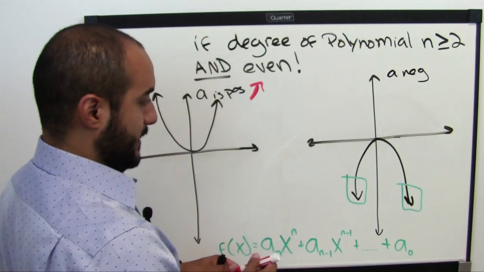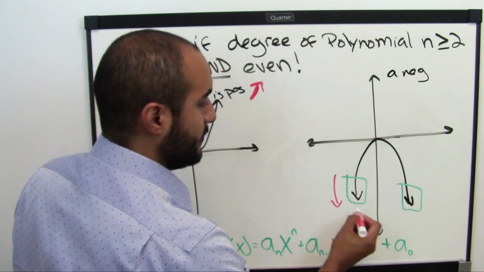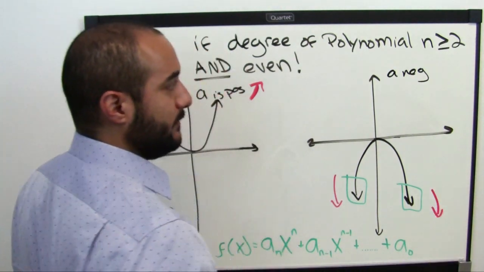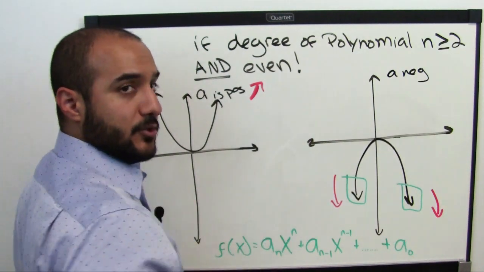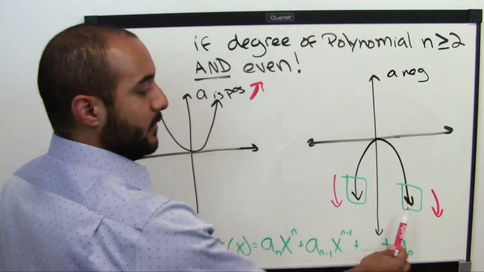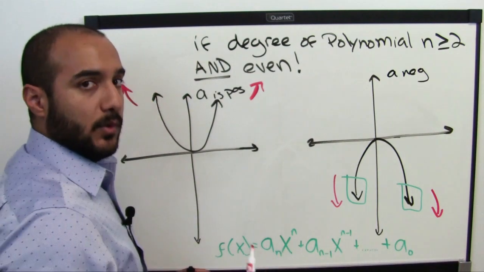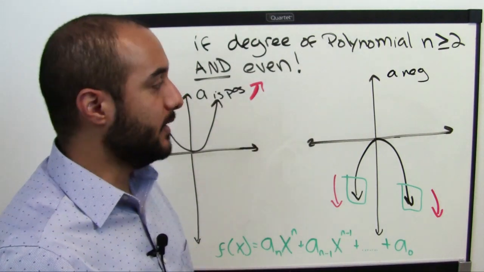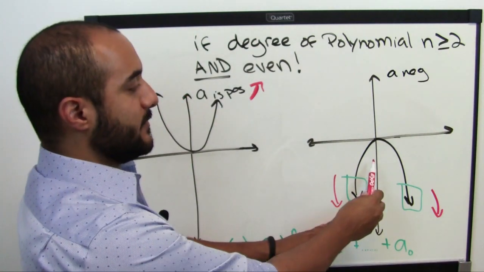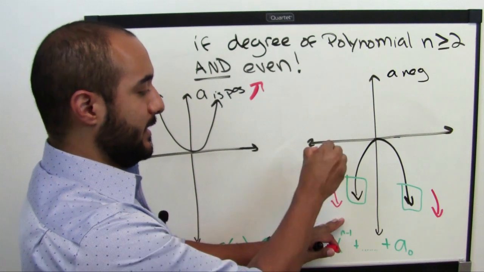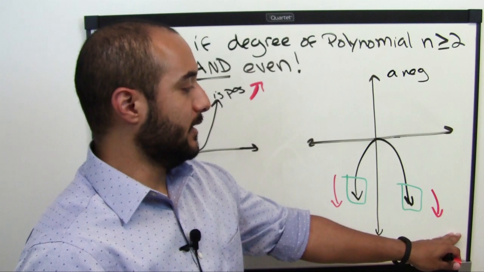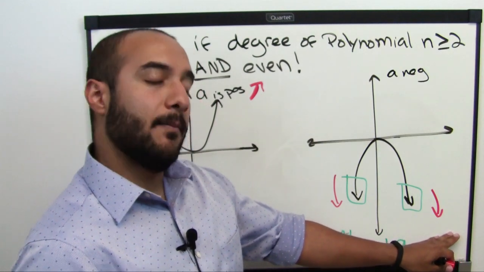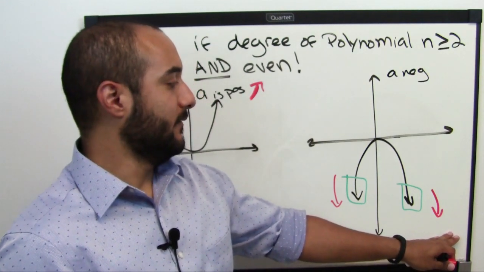I know that for graphs of all even degree functions, even if they're doing all these crazy things all the way up here, the ending behavior will always be exactly the same. So here as x approaches negative infinity, I am decreasing in value, and likewise here as I approach positive infinity, I'm also decreasing in value.